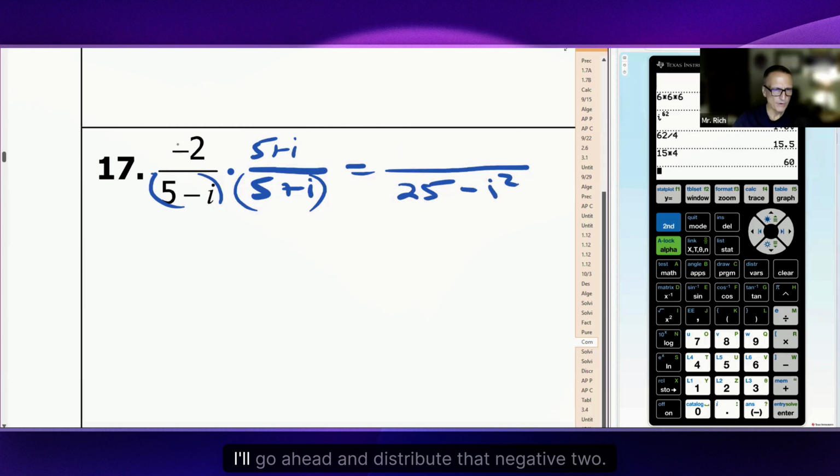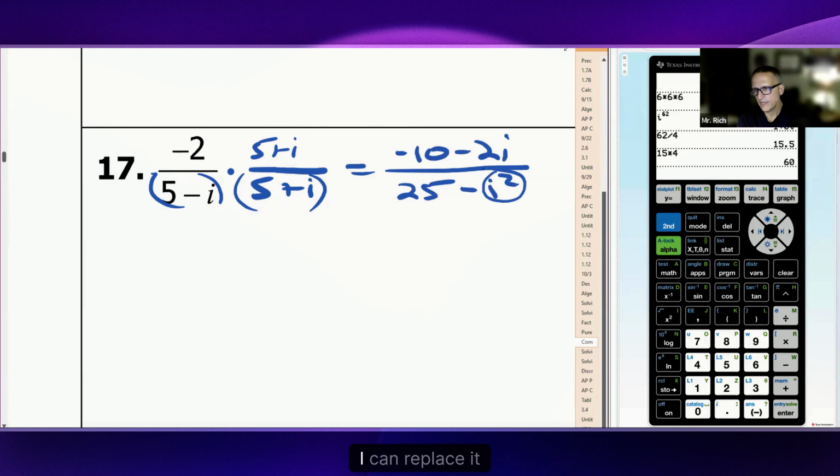On the top, I'll go ahead and distribute that negative 2. That would be a negative 10 minus 2i. But anytime that I run into an i squared, I can replace it with negative 1 because we just established that i squared is negative 1. So that's actually 26. This is 10 minus 2i over 25 plus 1, or 26.